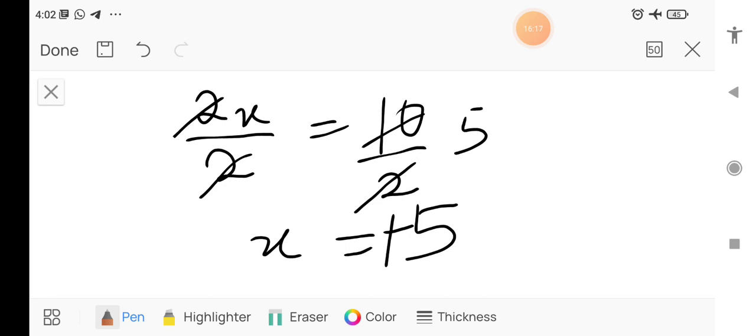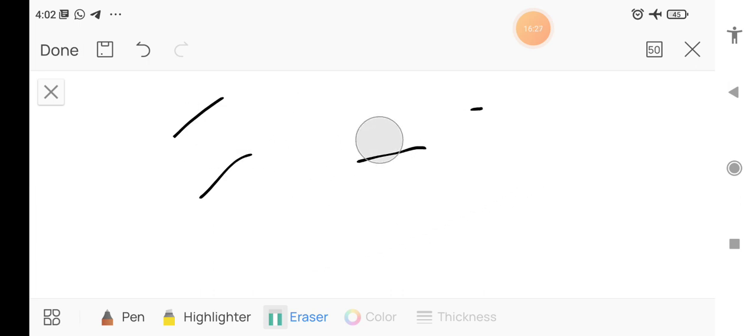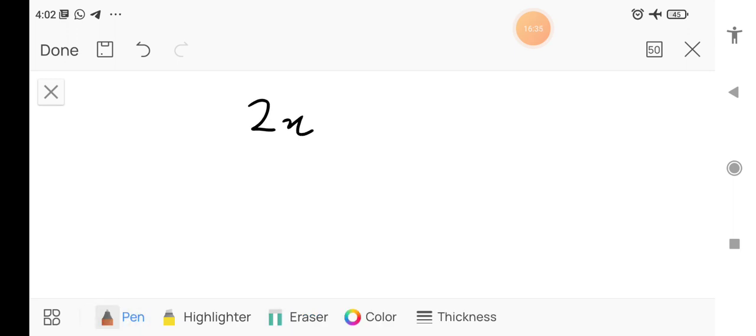There is something I've missed here, let me change that. So what we have is 2x equals minus 10. We don't want to leave out the mathematical sign.